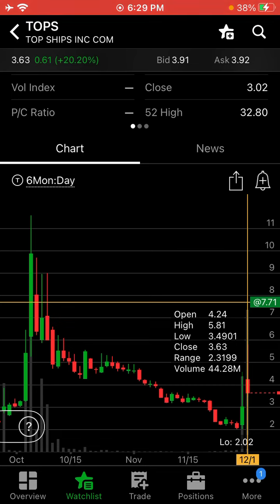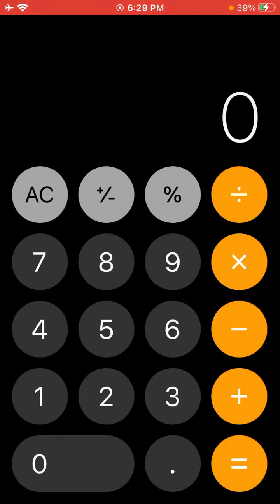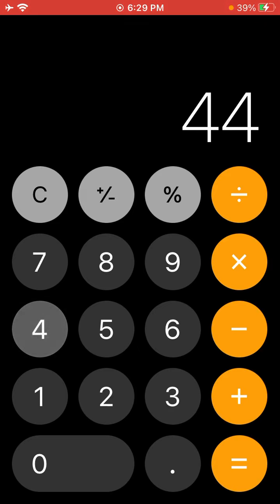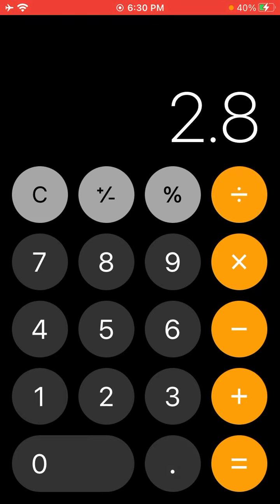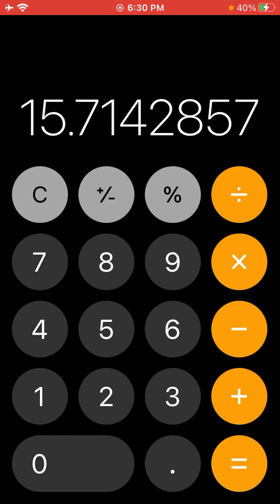So if we know the volume and we know the float, we'll divide the day's volume by the float to determine float rotation. So in this case, the day's volume was 44 million and the float is 2.8 million, so I can divide 44 by 2.8, and that equals 15, almost 16.